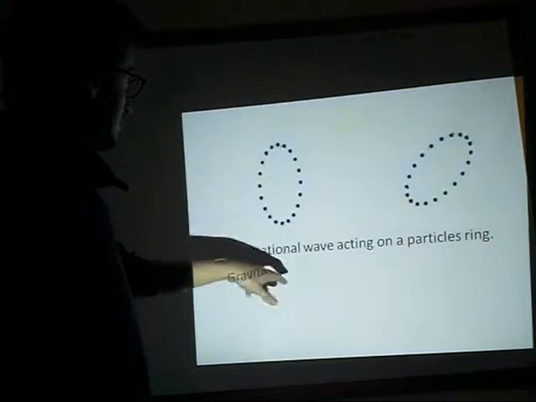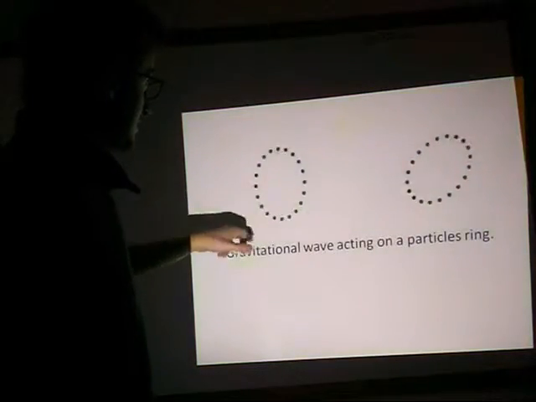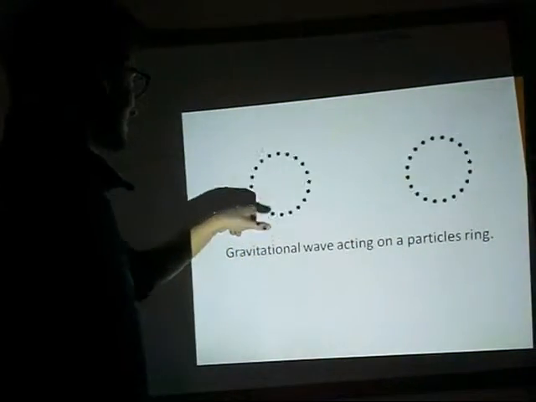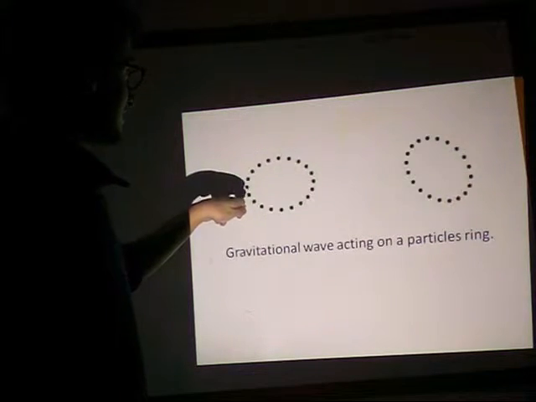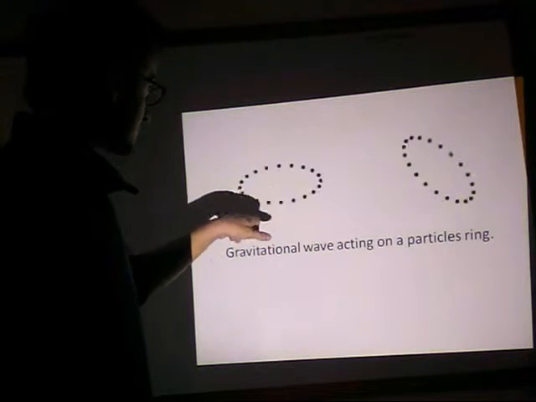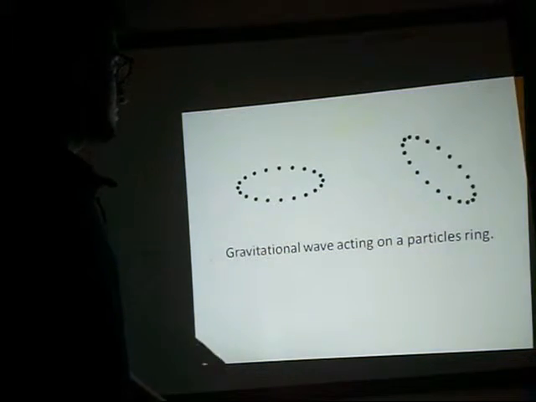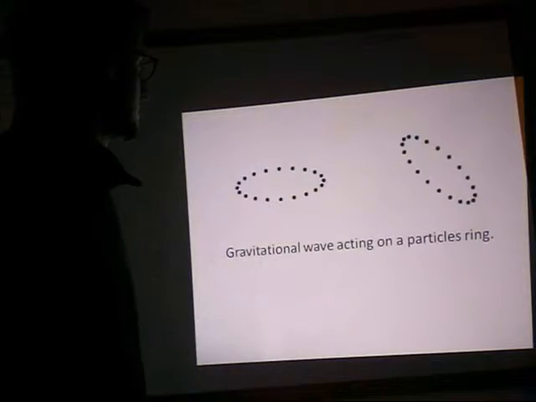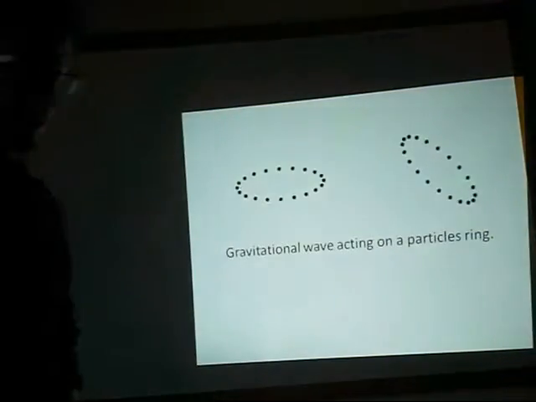In this case, it oscillates in plus form. In this ring a plus polarized wave is incident, and in this one, a cross form.